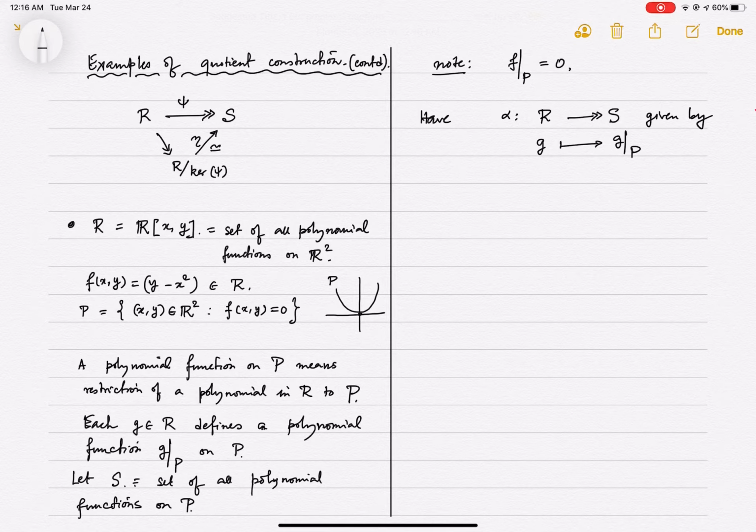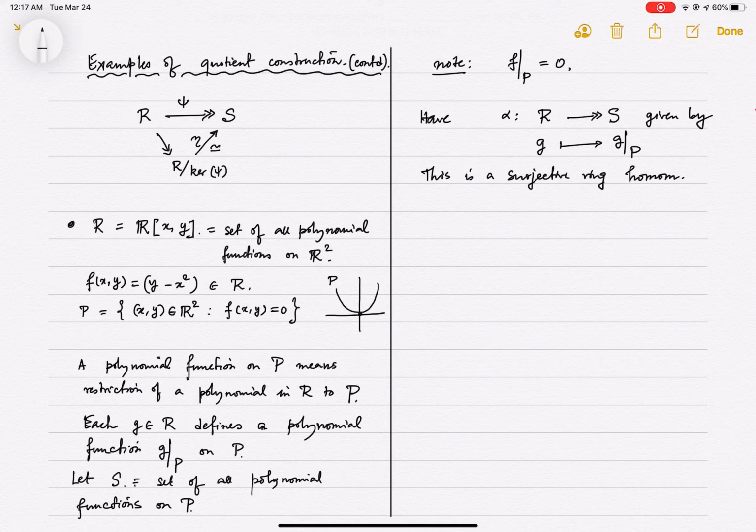By definition, all polynomial functions on my parabola are these, so it's an onto map, of course. Verifying that this is a ring homomorphism, there's nothing to check really, because the addition and multiplication on both sides are just pointwise addition and multiplication of functions. So this is a surjective ring homomorphism. The question is, what's the kernel?